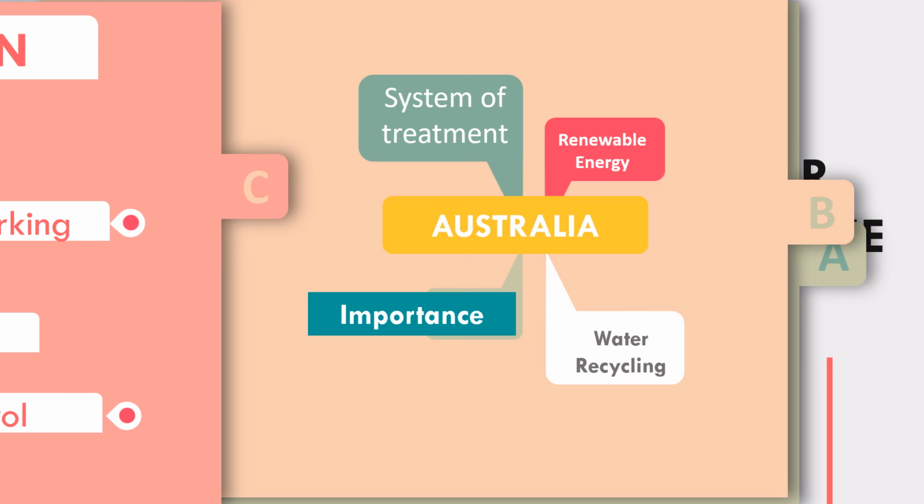If we talk about system of treatment, there are three modern lagoon systems at the Western treatment plant. A modern lagoon is typically made up of 10 large ponds, each of which can hold around 600 million liters of water. Sewage flows slowly through the ponds, allowing bacteria to break down the organic material.